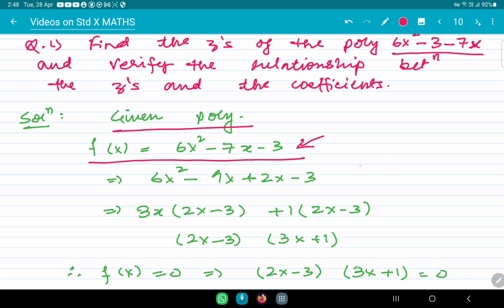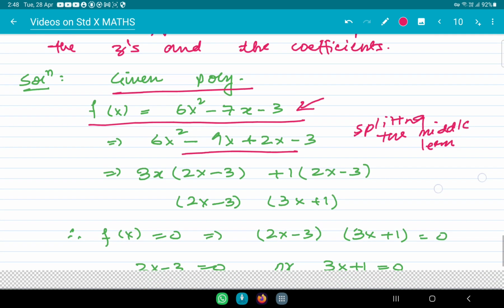Now, by splitting the middle term. We can write minus 7x in the form of minus 9x plus 2x, because as we know, minus 9x plus 2x is minus 7x, and when we multiply minus 9 into plus 2, this becomes minus 18.